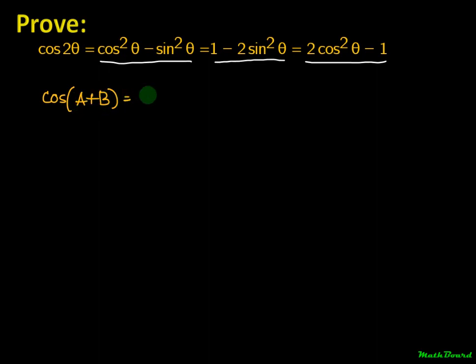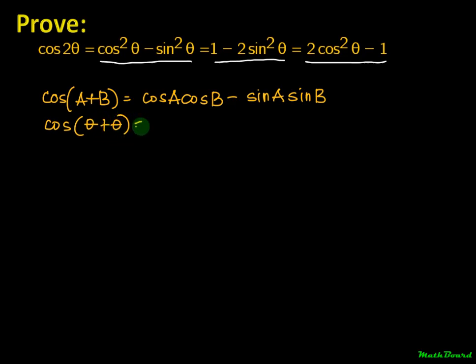Our formula there is cosine a cosine b minus sine a sine b. Similar to the first example, we can express 2 theta as theta plus theta. So we have cosine theta plus theta. A is equal to theta, B is equal to theta, so therefore we have cosine theta cosine theta minus sine theta sine theta.